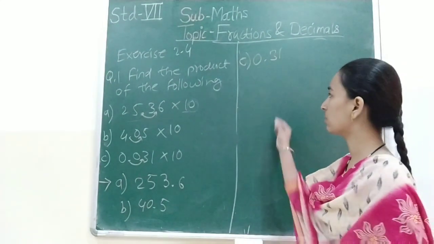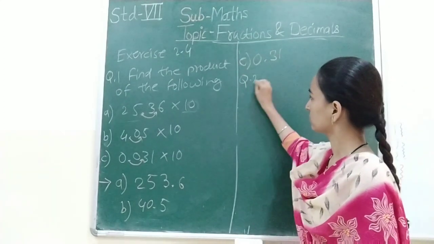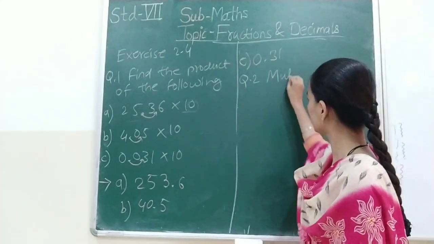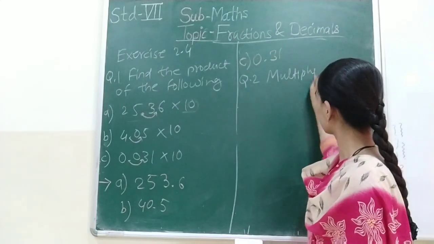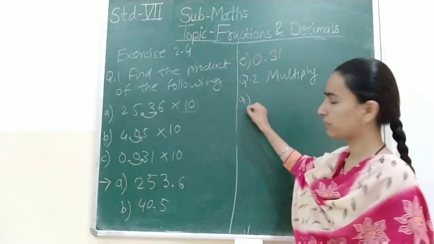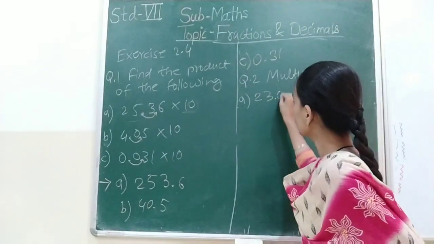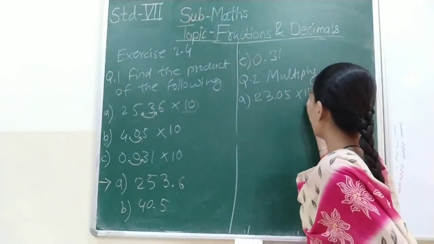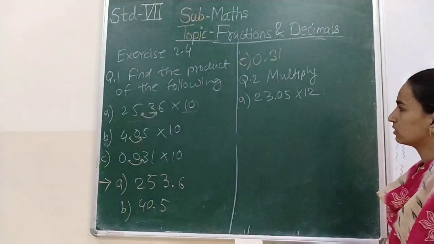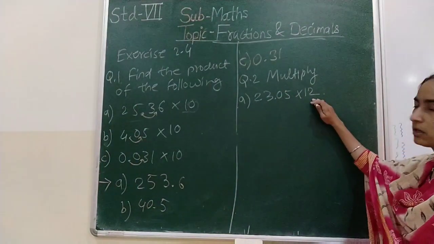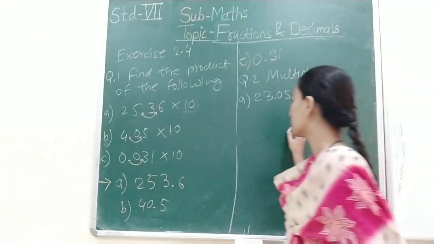Question number 2 is multiply. In that, first is 23.05 multiplied by 12. See, the decimal is multiplied by a whole number. Okay?